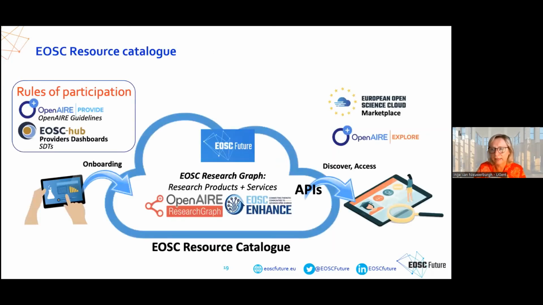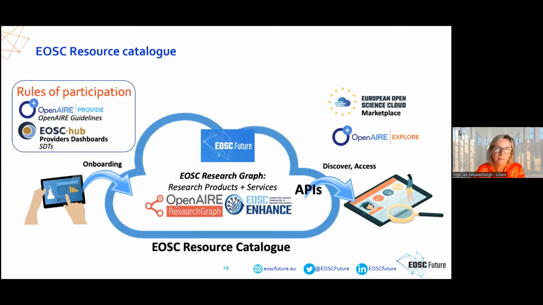If you look there in EOSC Future, you have this OpenAIRE research graph as part of the EOSC research graph. So by being OpenAIRE compliant and being harvested by OpenAIRE, data and publication repositories or other kinds of research artifact repositories can flow into EOSC. That is one of the ways to do it.